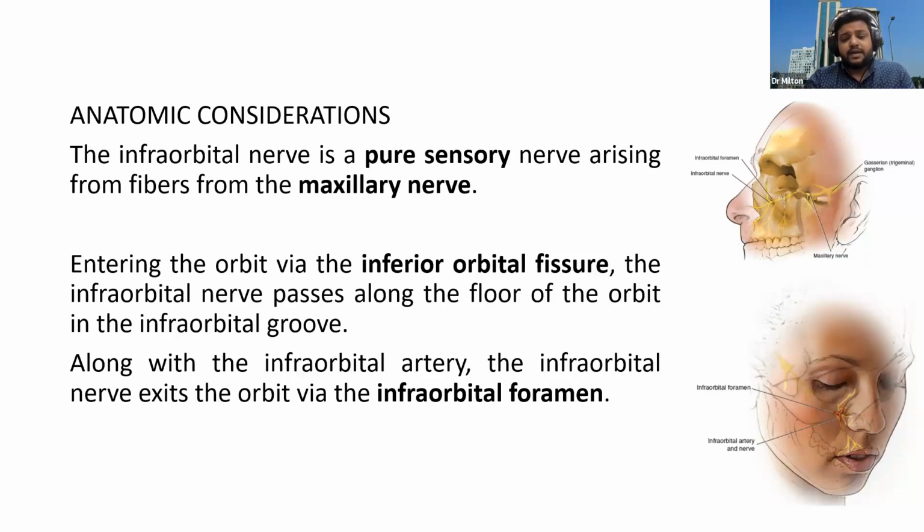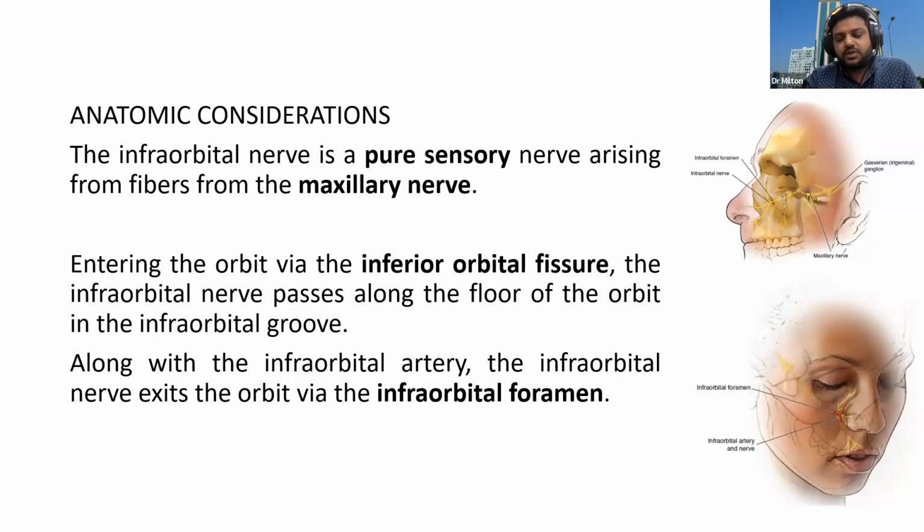Here is a little bit of the anatomy. The nerve enters the orbit via the inferior orbital fissure. After that, the infraorbital nerve passes along the floor of the orbit into the infraorbital groove along with the infraorbital artery, and exits through the infraorbital foramen.